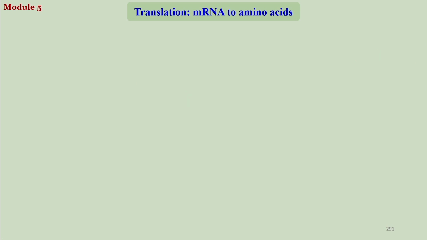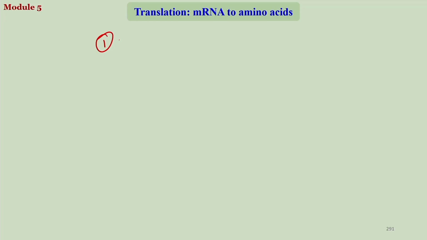So now what are the ingredients? This process of translation actually happens with a chain of events, or a series of events, and there are a few new molecules that we'll be talking about. What are the ingredients? First is of course the mRNA, that has been obtained from the transcription process, and this mRNA is messenger RNA, right?